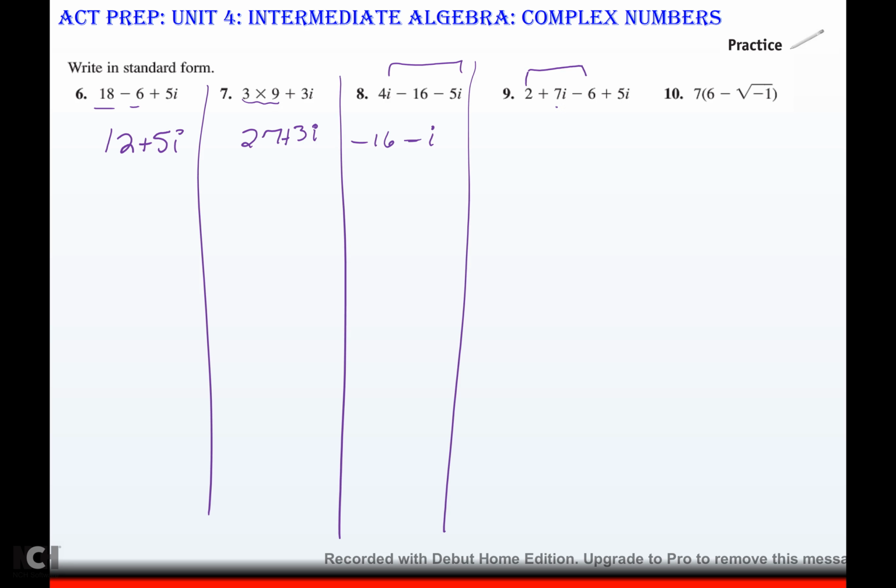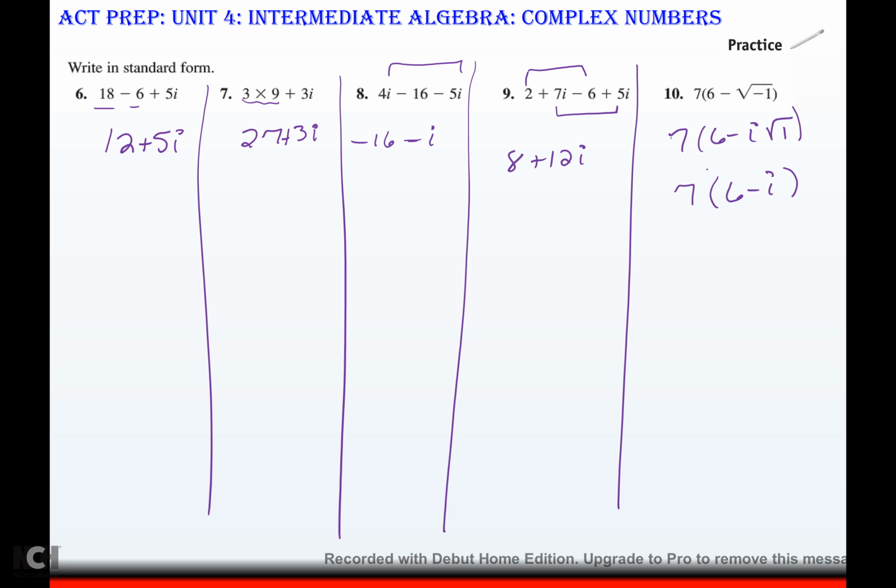Combine real to real, i to i, you get 8 plus 12i. This, you're going to have 7 times 6 minus i square root of 1. The square root of 1 is 1, so you really have 7 times 6 minus i. Distribute the 7, and I get 42 minus 7i. Okay?